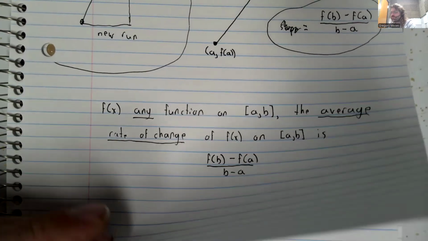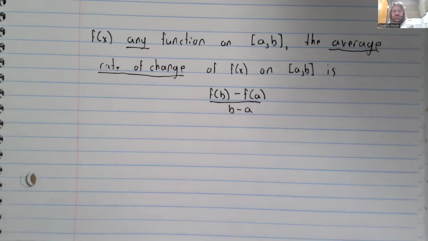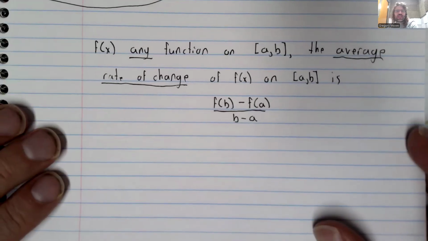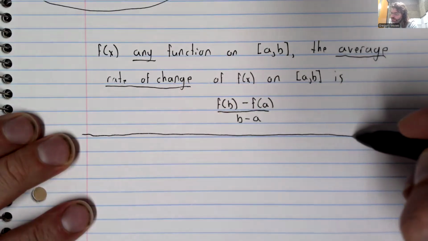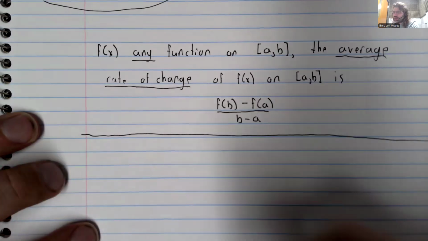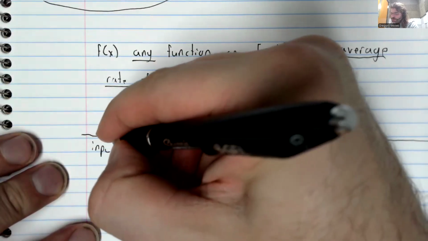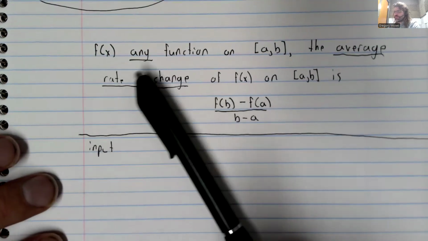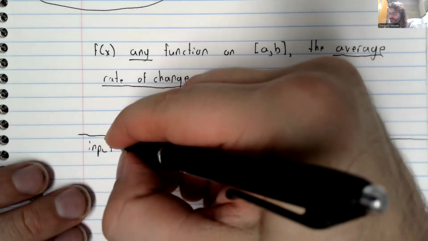So, say we have a height function. We're going to toss an object up, and it's going to fall back down.